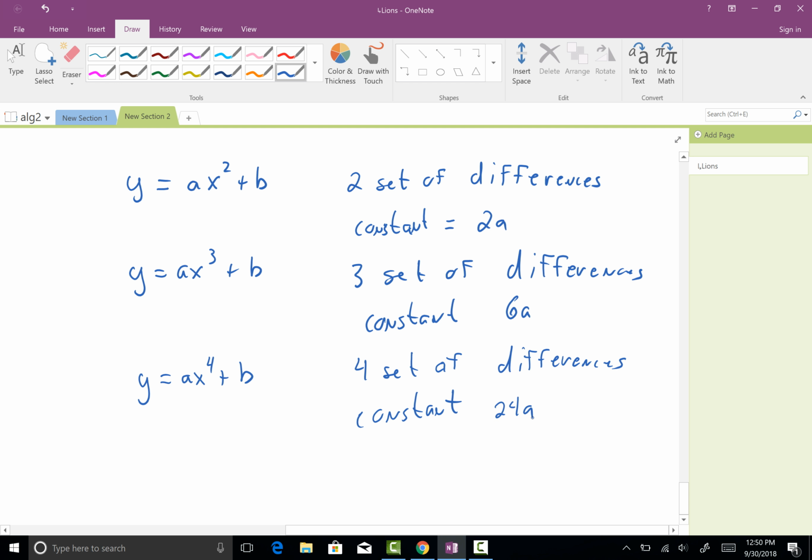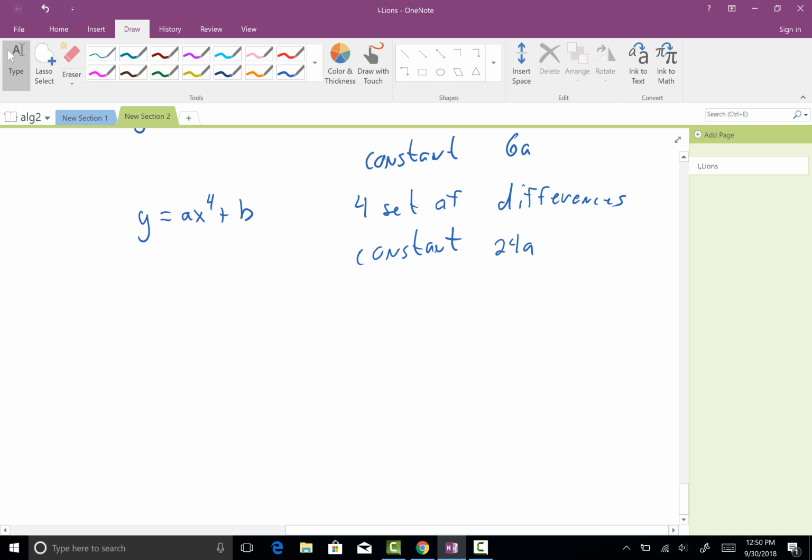So it's kind of hard to see this pattern here on the constant. Definitely we see the differences, right? So the n, or the power, tells me how many sets of differences. But the constant's a little different story.